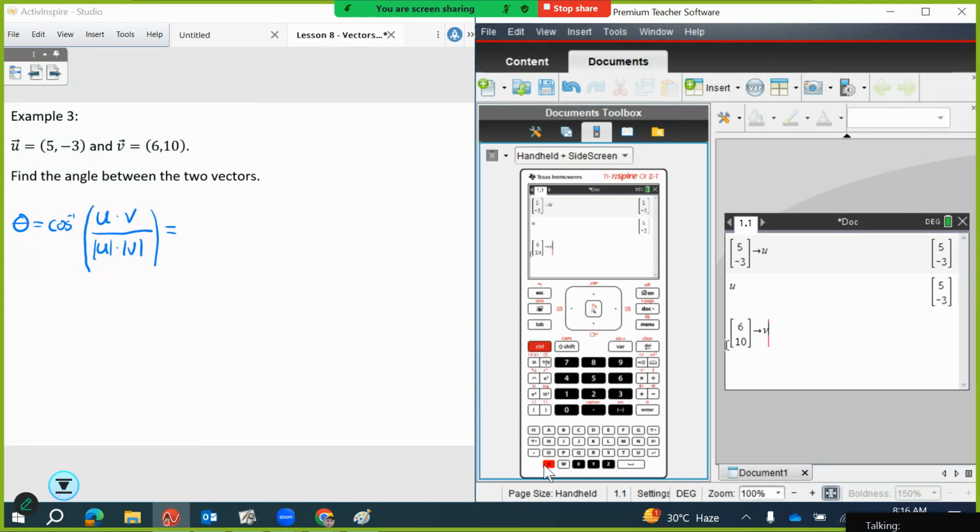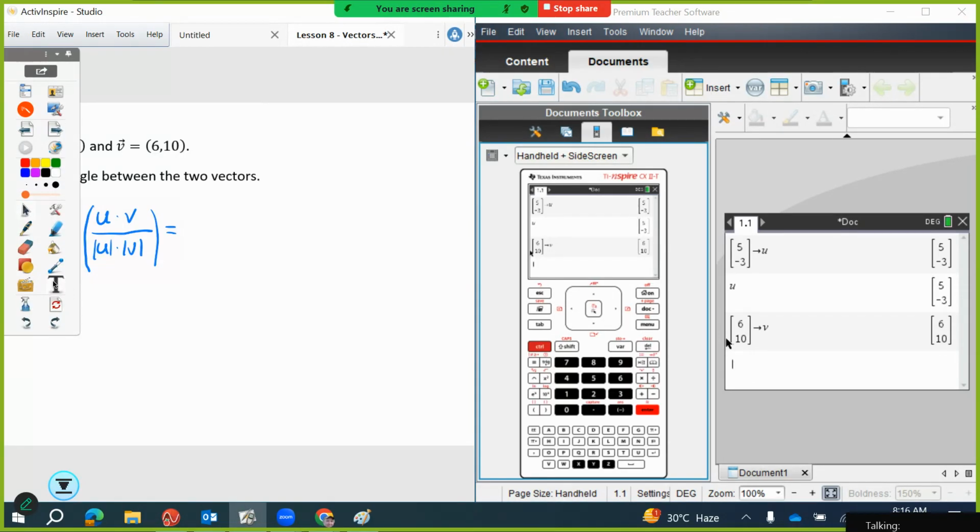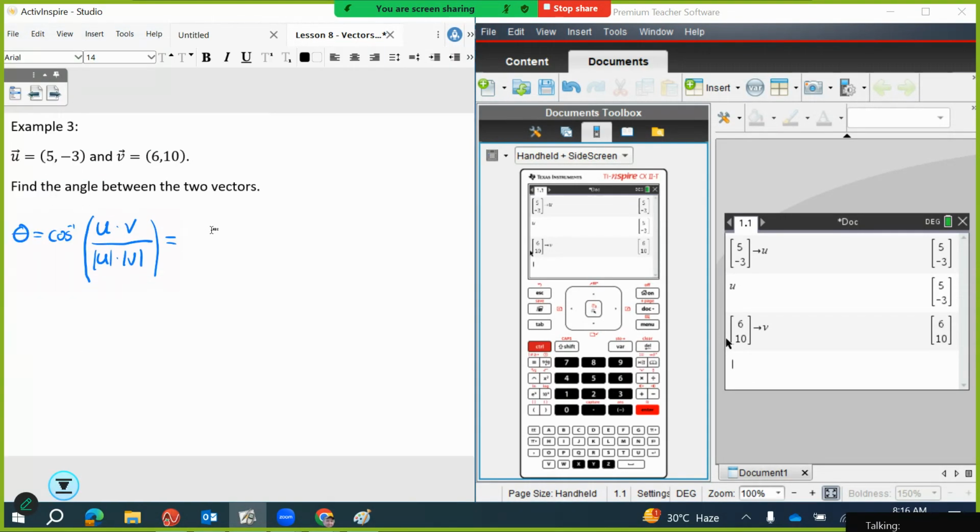We want to store this in v. To get all of the bits and pieces for this, we need to get u times v. So we'll do it here on the calculator.